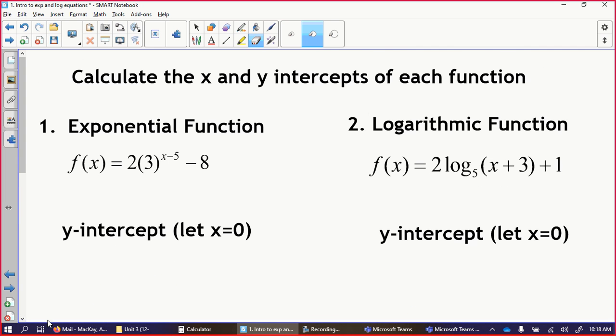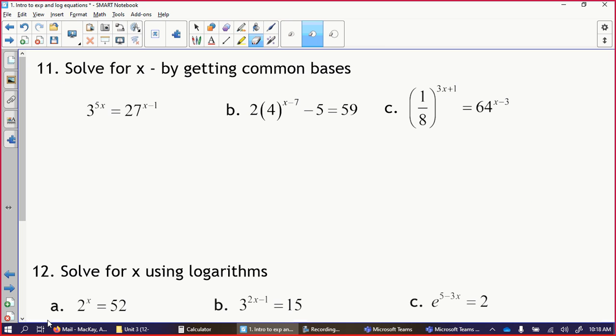At the bottom of this page now, this is what we did on Friday. Convert that to a 3, move everything over, convert whatever you're left with to base 4. These ones, you could use 8, I guess.